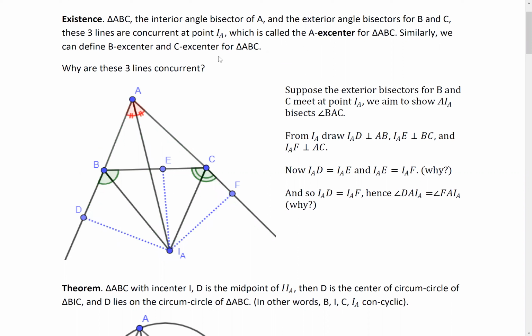For example, I have a 30, 60, 90 triangle, okay? This is 90 degree, A, B, C, this is 60 degree, this is 30. So I draw a line here such that this is 60 degree, okay? And I draw the angle bisector for ABC.